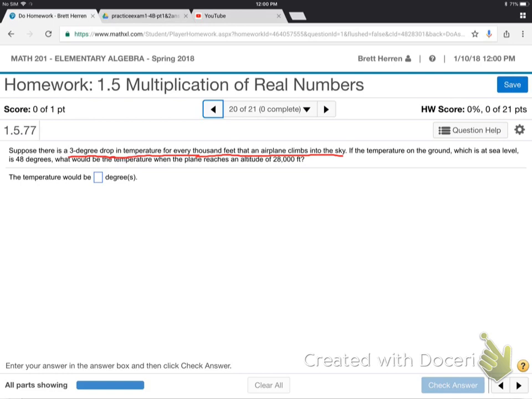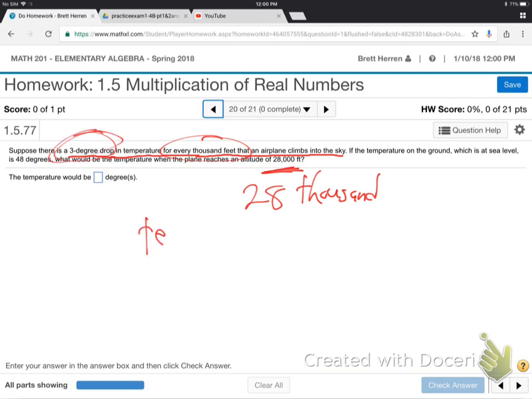All right, so 28,000 feet. So how's this work? Every 1,000 feet, it's a 3-degree drop in temperature. So how many 1,000 feet did they climb? 28,000 feet. So every 1,000, the temp is going to drop 3 degrees.